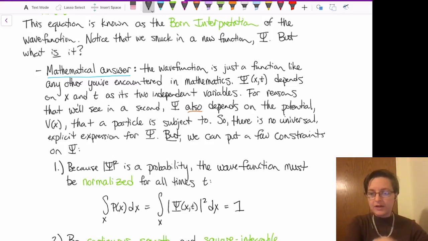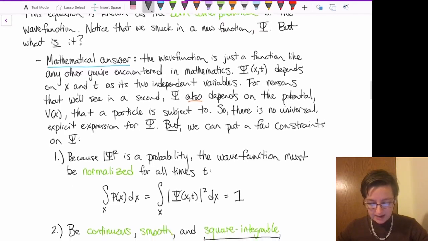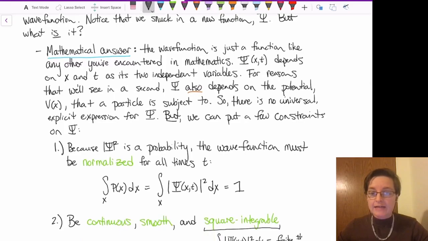And I'll give you a concrete example of one type of wave function that we'll encounter later in this course, just so you can see me play around with the math a little bit. Psi, the wave function, has x and t as its two independent variables, but also, and something that you would not have seen from the Born interpretation equation that I gave above, psi changes depending on the potential that a particle is subject to.